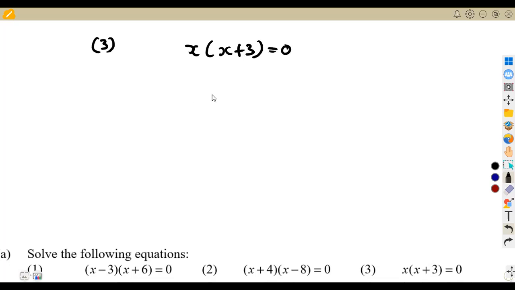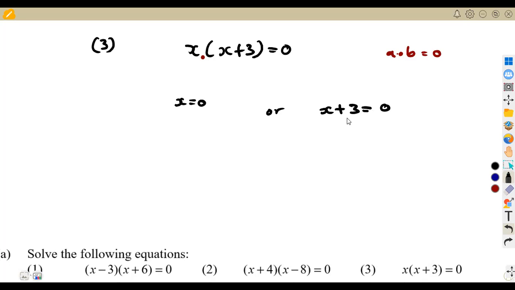This has been factorized to have a bracket, x times, we are multiplying two terms, this x multiplying this. As long as you are multiplying, we are back to a times b equal to 0. So that means x must be equal to 0, or the bracket of x plus 3 must be equal to 0.